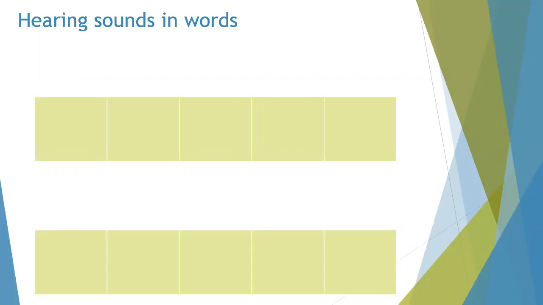Let's have a go at, so if you've got the counters there, take them off. If you're just drawing on your 5-frame so that you can count some dots, think about how many phonemes can you hear in the word shop. Shop.